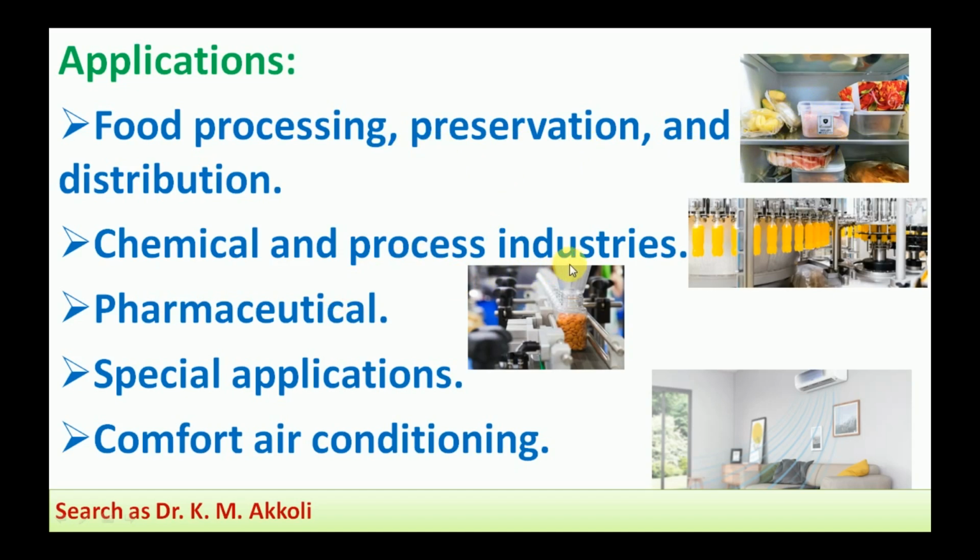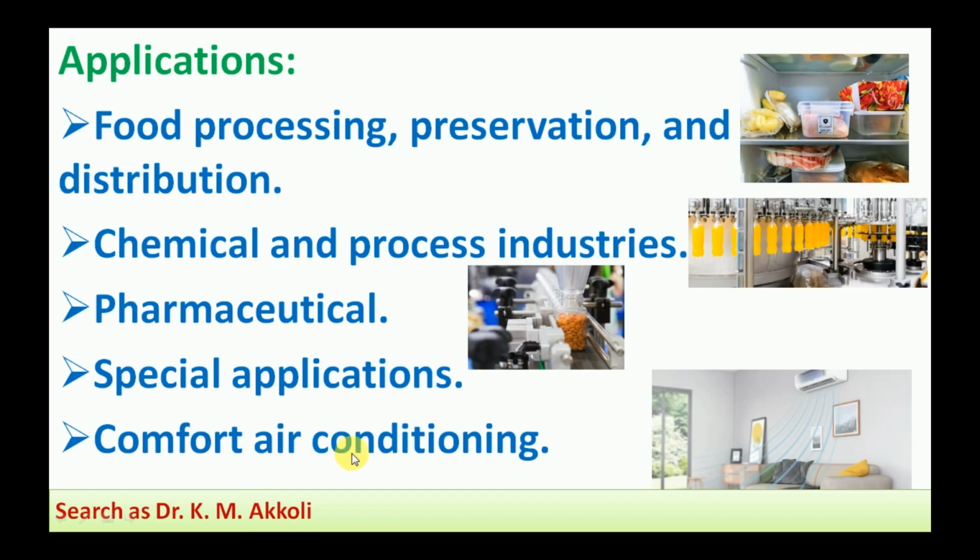Then chemical and process industries, some chemicals and some food processing, there also it is used. Then pharmaceutical industries, all the medicines, their production, storage, distribution, in all these applications it will be used. Some other special applications also can use this refrigeration system.